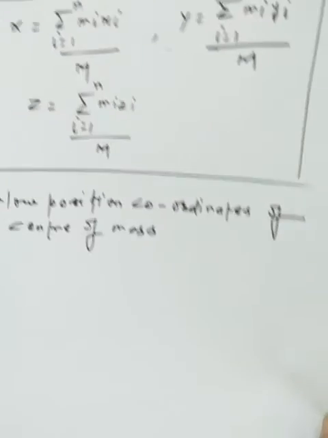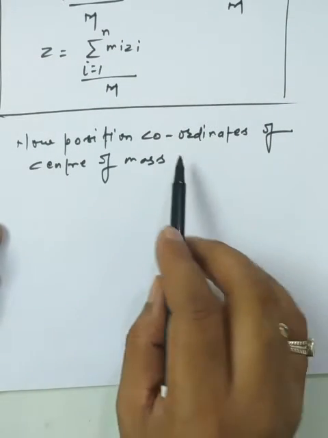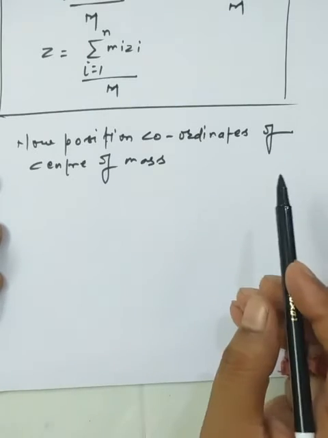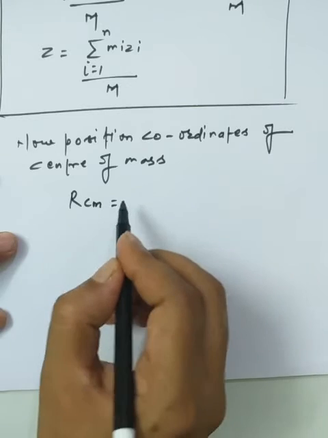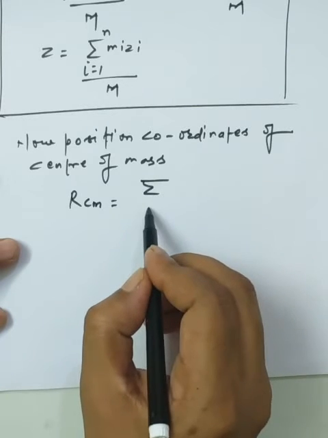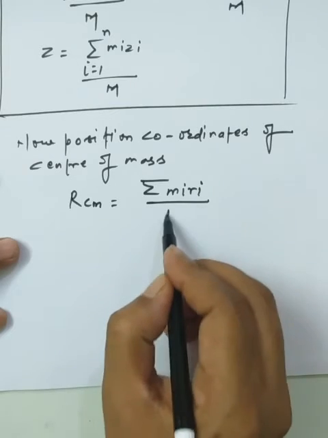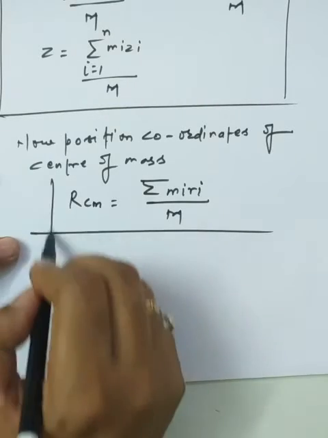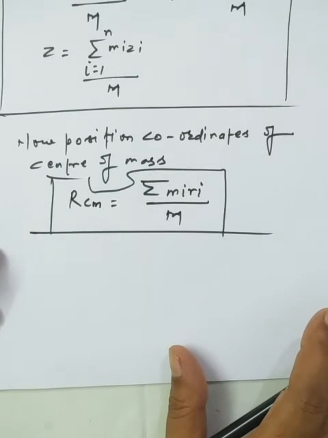Now as we combine all the parts, we can easily write the coordinates of the center of mass. So I can write RCM, the center of mass coordinate, is summation mi ri divided by the capital mass M of the system. So this is the position coordinate of the center of mass.